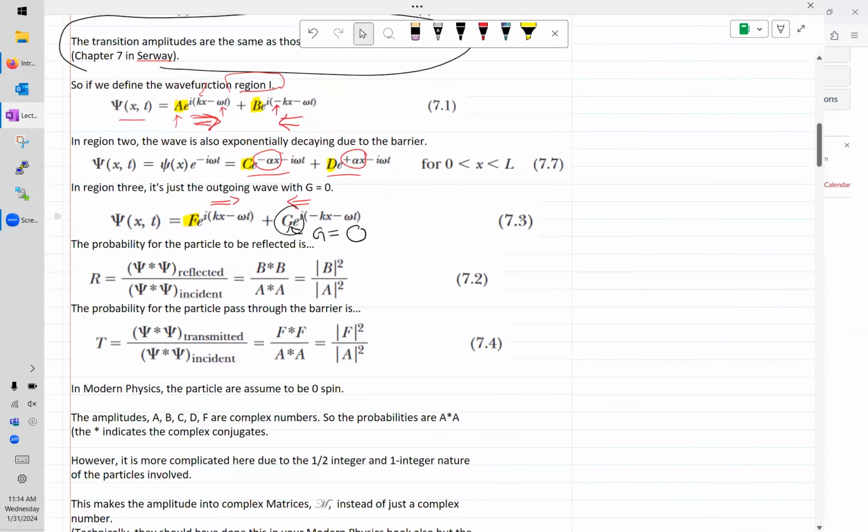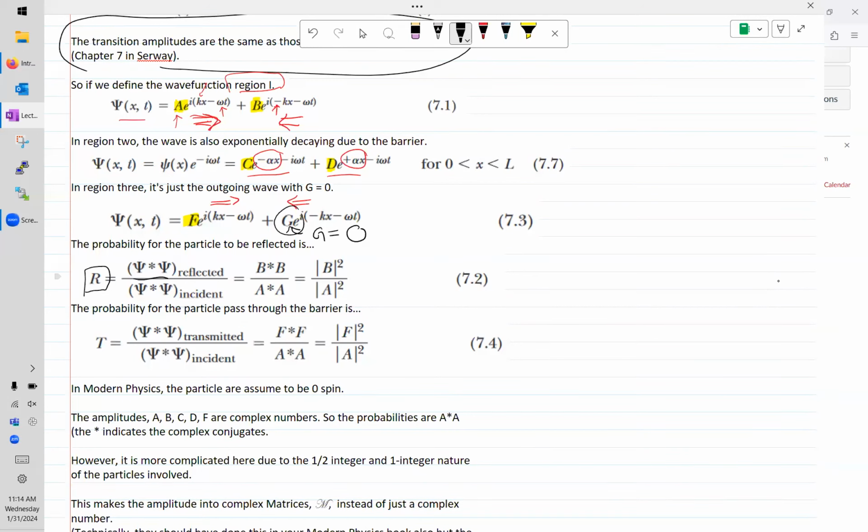And in this particular chapter, the thing you're interested in is how probable is the incoming particle getting reflected, meaning this ratio R, right? And to calculate this in quantum mechanics, what you do is you basically square the wave function. And when you square the wave function, the wavy part, the e to the i kx minus omega t part, just gets reduced to 1.